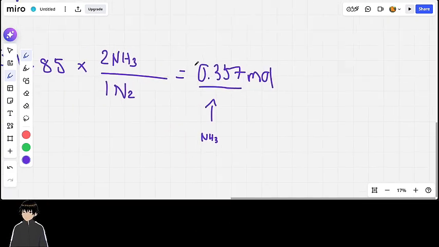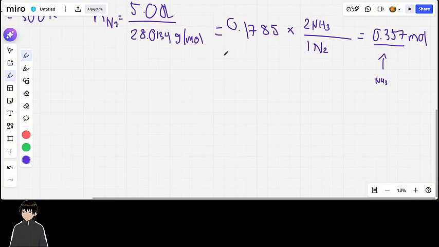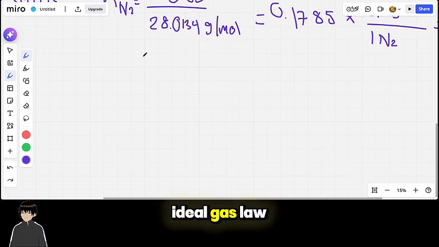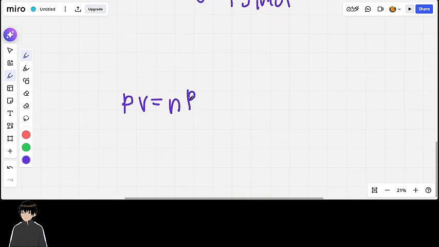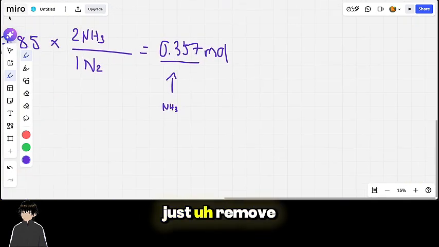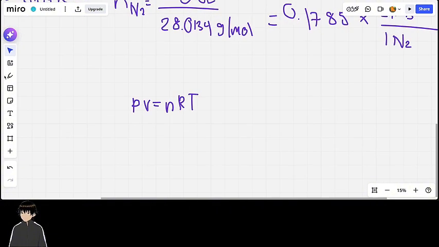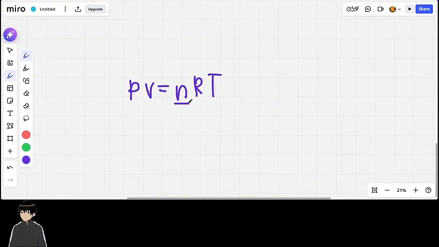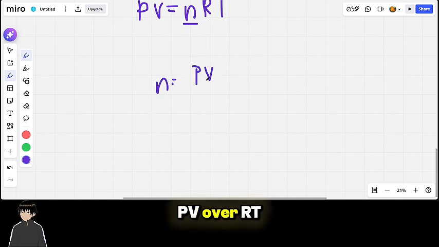Now that we have this, we have to use the ideal gas law formula again. Actually, let me just remove this. This is not the moles. Sorry about that. So we have PV equals nRT. What we're trying to find is the moles. So n equals PV over RT.